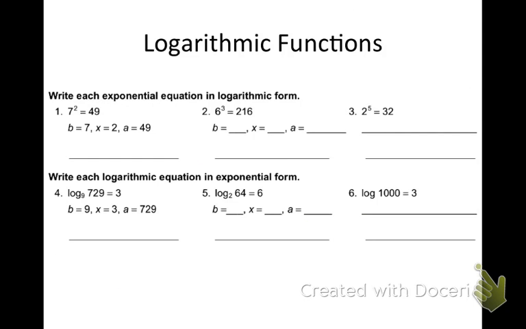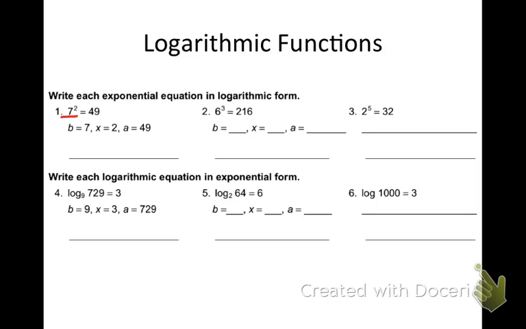So first couple things we're going to do here is we're going to write between the two. It says write each exponential equation in logarithmic form. So number 1 here. I want to take 7 squared equals 49. And I want to write that in logarithmic form. What's my base here? My base is, what's the big number? 7.